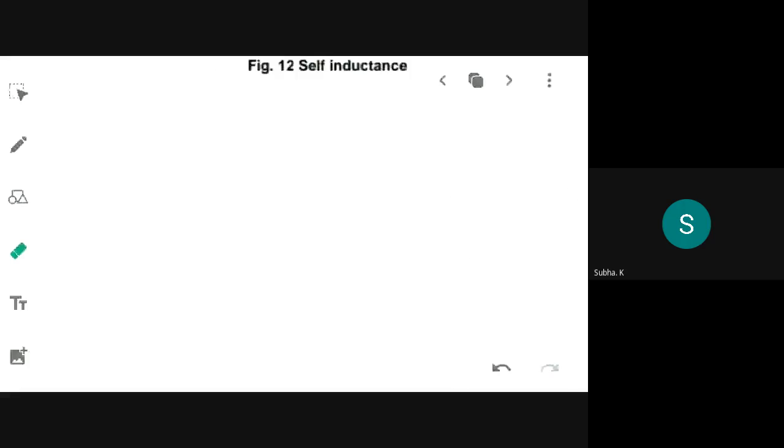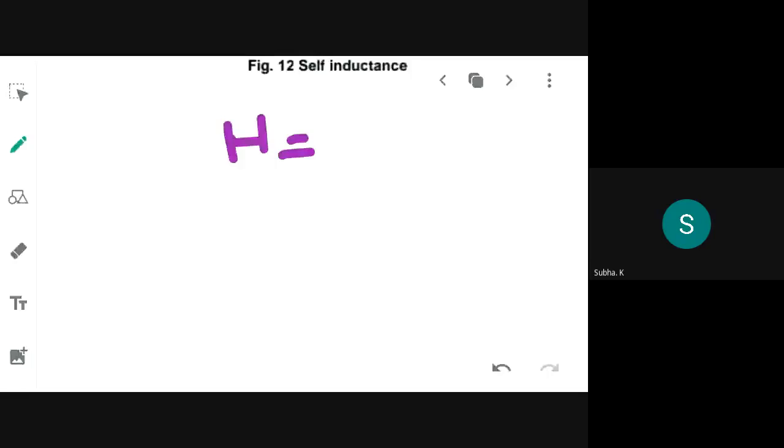Now going back to the magnetic field principle. What is H? Magnetizing force. Formula: H equals Ni divided by L. What is the formula for B?